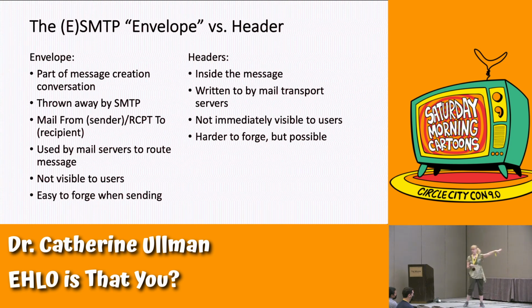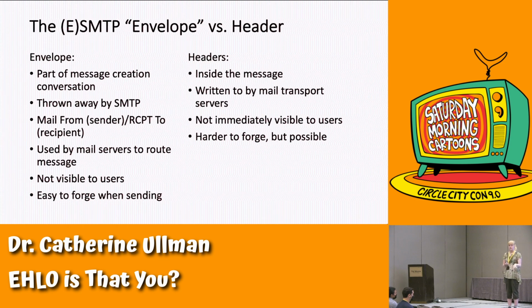The header, on the other hand, is the thing that if you open the client and you dig into, you can find, and that is what gets written as the message gets forwarded along from server to server. By the time it starts down this path, all of this is gone. You don't see this. So unless you're doing it at Telnet on that command line or you're watching Wireshark, you will never see the envelope. So headers are more difficult to forge because they're moving from machine to machine.